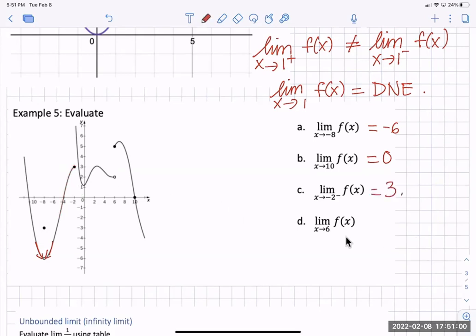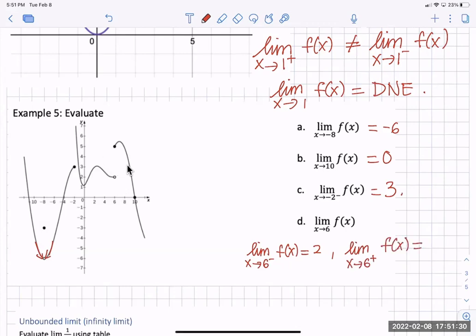Okay, and when x approaches 6, 6 is right here, but look, I have 2 pieces of the graph, and they approach different values. The limit as x approaches 6 from the left is equal to 2. And then the limit as x approaches 6 from the right is equal to what?